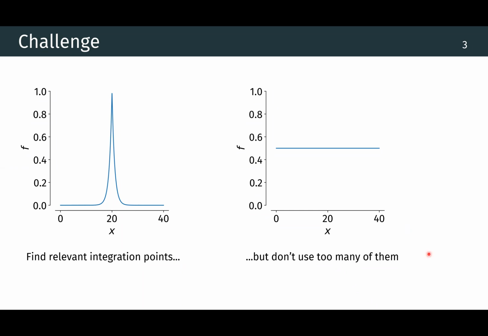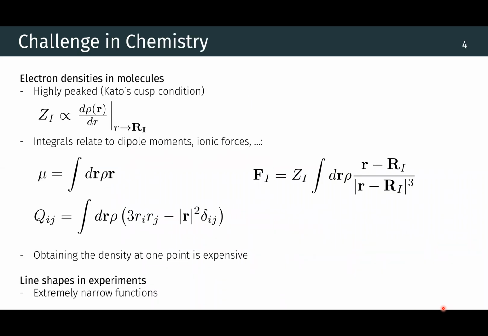So what kind of objects do we have in chemistry where we need numerical integration? Because there is nothing else, or hardly anything else. Here are a few examples. One of the most prominent problems is electron densities.